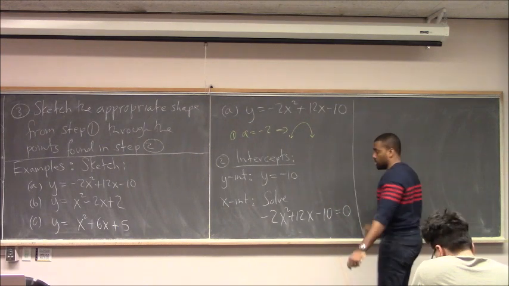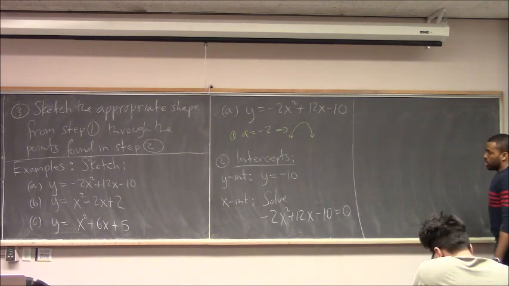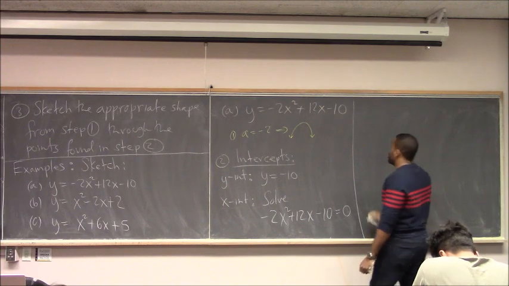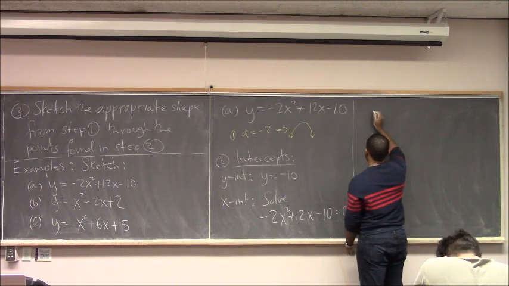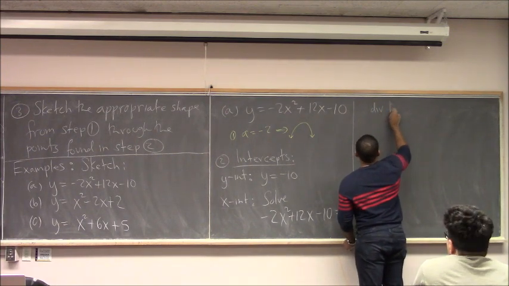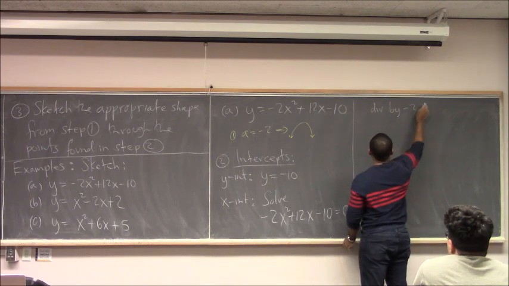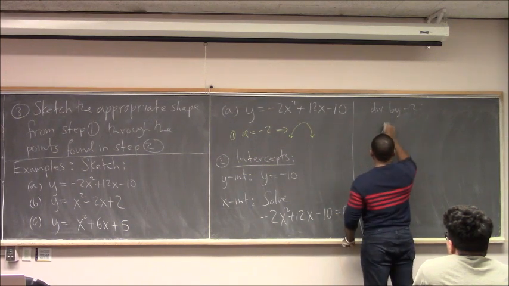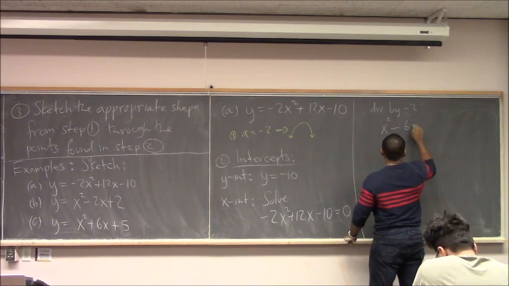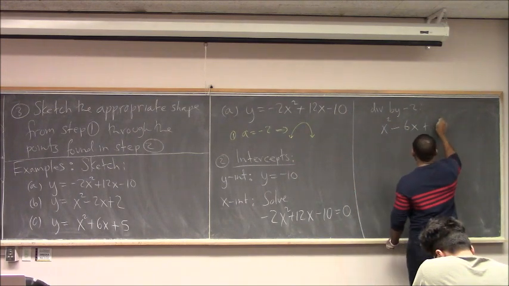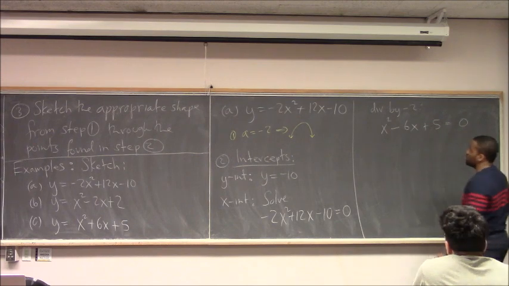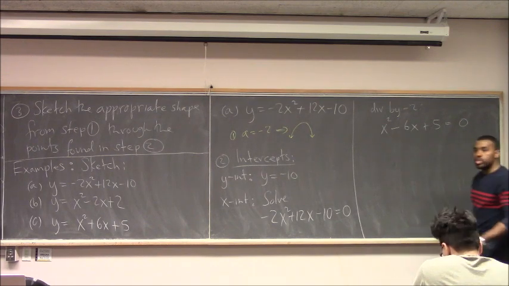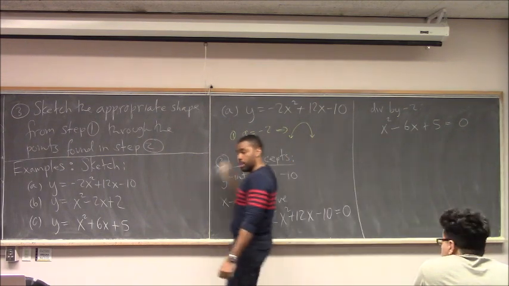Okay, so now let's talk about that. So first step here, you might just divide by minus 2, right? Because 2 goes into everything. I would get x squared minus 6x plus 5 equals 0. And here's why part 1 is very important.